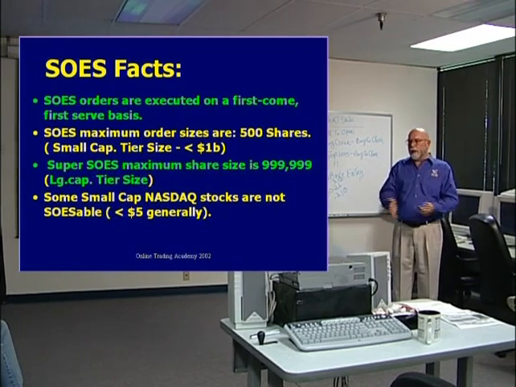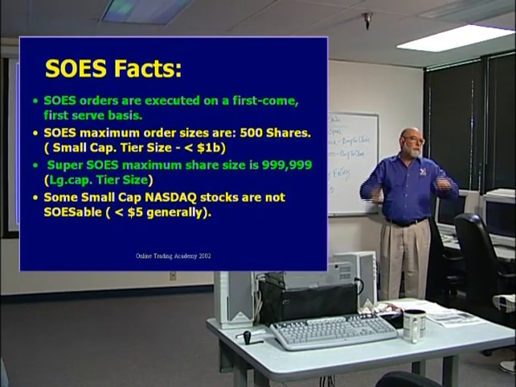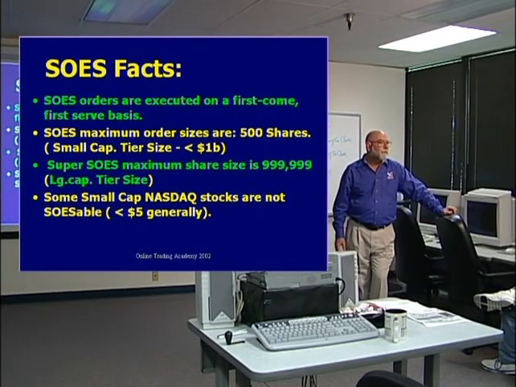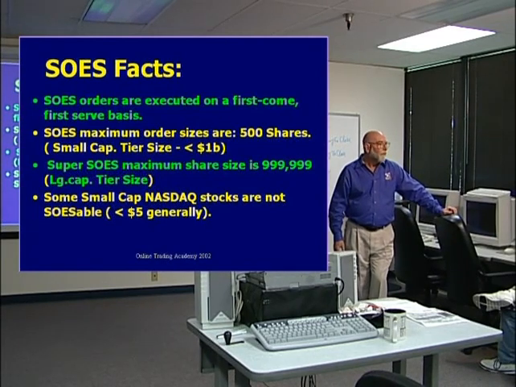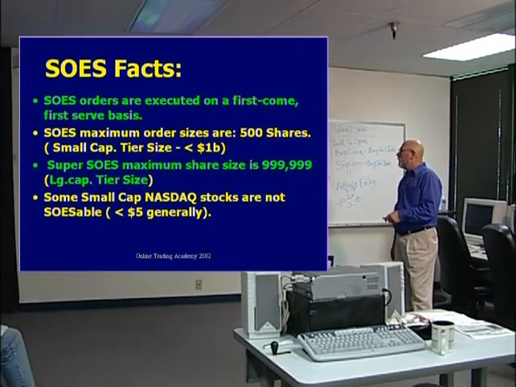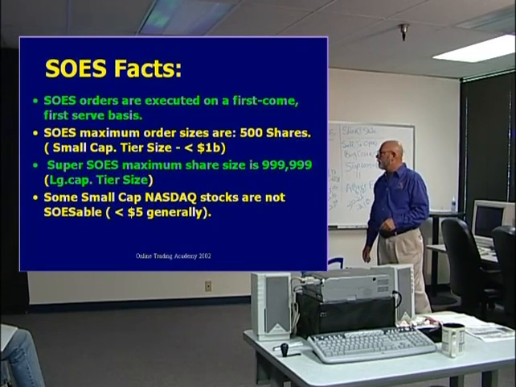If you hit a small cap stock and you say, I want to sell 1,000 through SOS, a little box will pop up and say, I'm sorry, you may only sell 500 shares at a time. Okay, and you'll have to wait 5 minutes before you get to do it again. You ready? On the other hand, we instituted in, I believe, August of 2001, the Super SOS system.